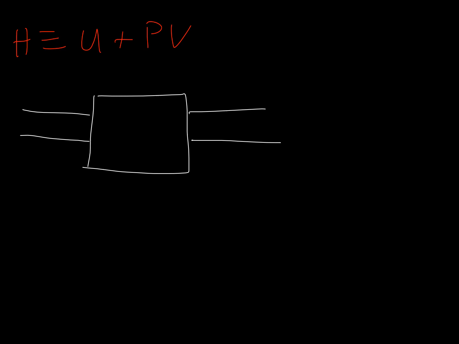So think of some volume in and some volume out, with a pressure pushing in and a pressure out, P1 or P in. Within this volume is some sort of mass.